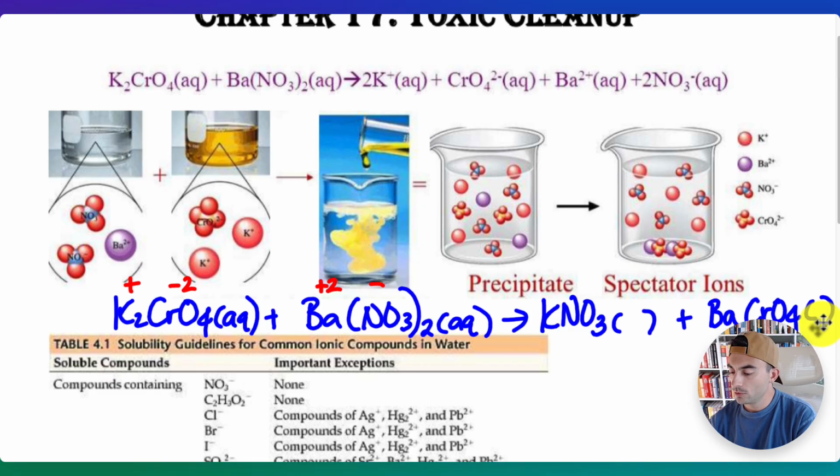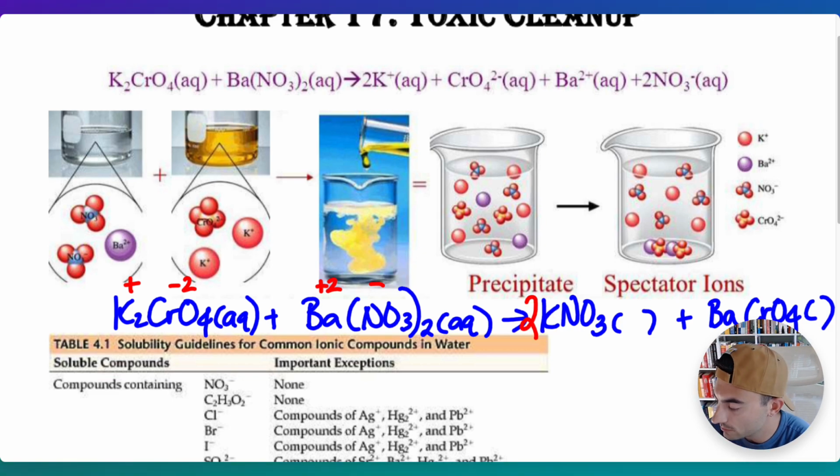Now, to balance the overall equation, that conserves mass, and that we do by changing the coefficients in front. So placing a 2 in front of the KNO3 will balance the equation. We can only do that, though, once we write correctly the formulas for our products.